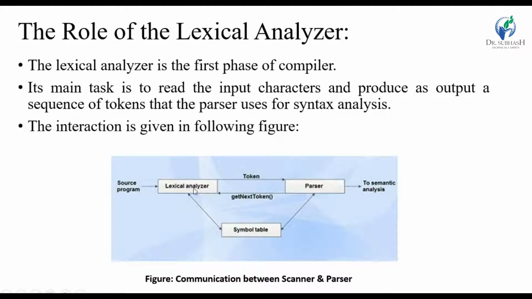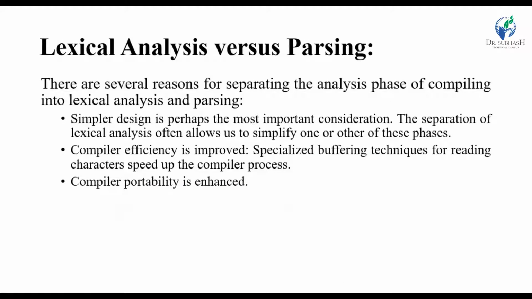Then the lexical analyzer again sends a token to the parser. So the source program is converted into a stream of tokens which is passed to the syntax analyzer or parser, which generates the syntax tree.